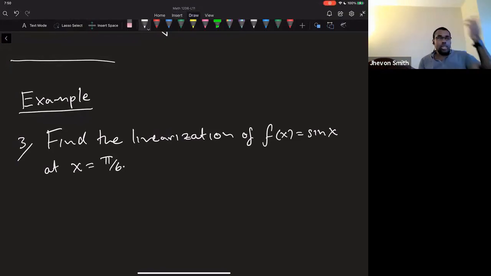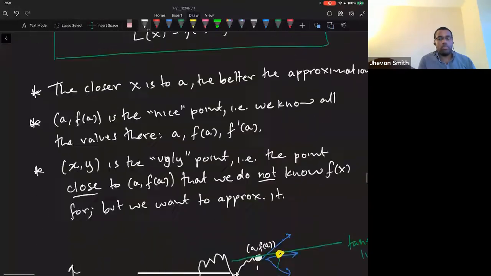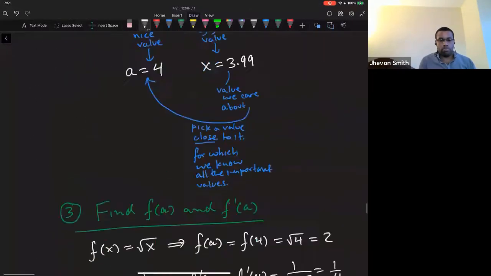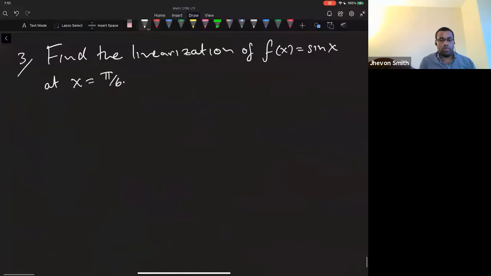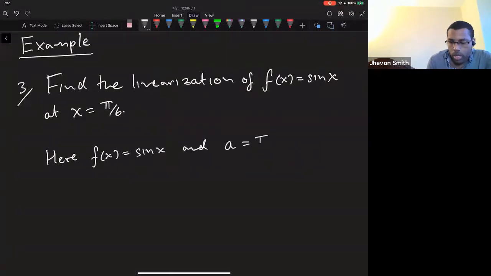So the linearization really is just, remember, the linear approximation formula. It's just another way we want to express it. It's pretty much saying the y of the tangent line is this. We call it big L in this context. It's called a linearization, but it's still the same linear approximation formula. So here, f of x equals sine x and a equals pi over 6.